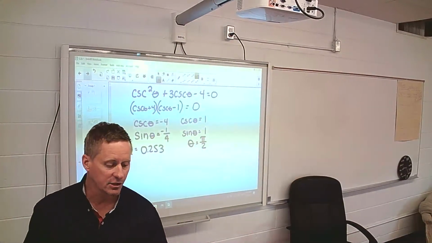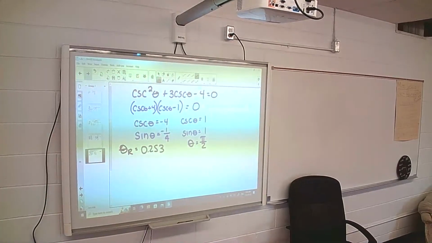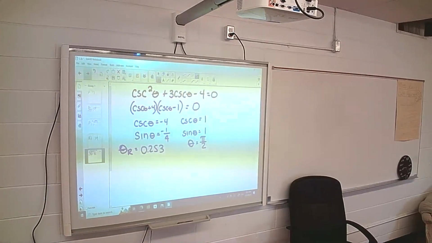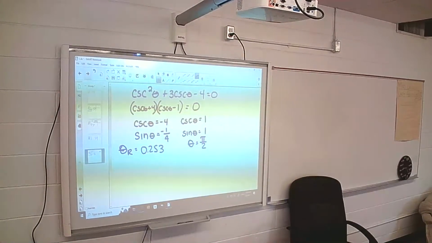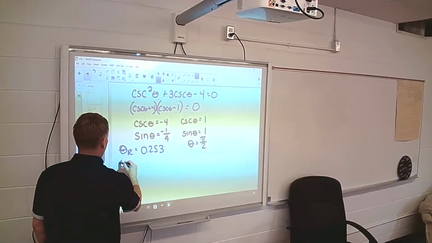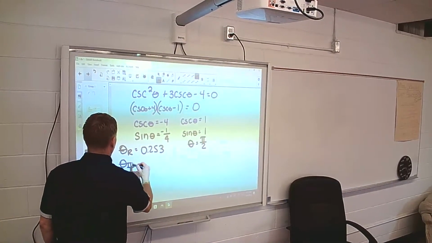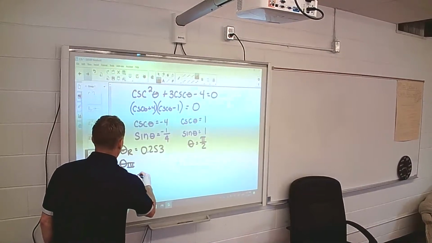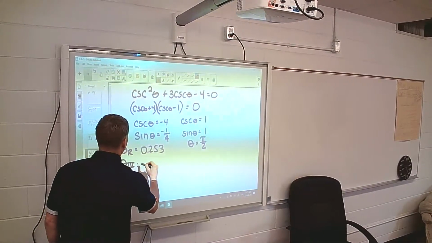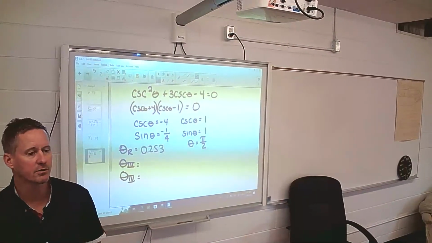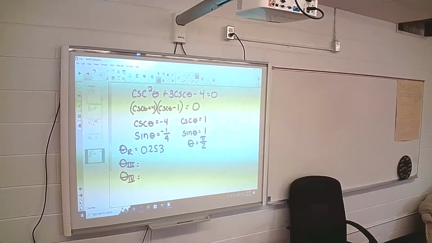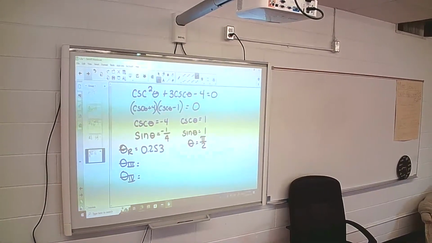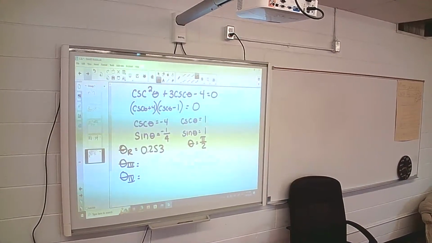What's the next question you ask yourself? Where's sine negative? What 2 quadrants is sine negative in? 3 and 4. So if I know my reference angle, how do I find it in quadrant 3? Not 180.